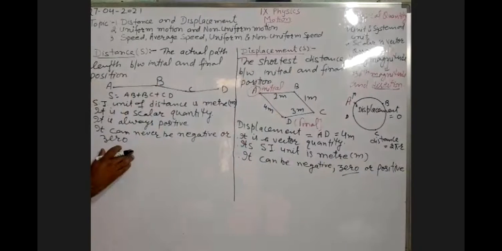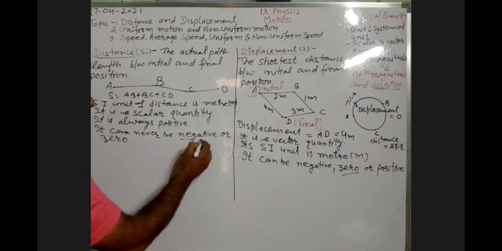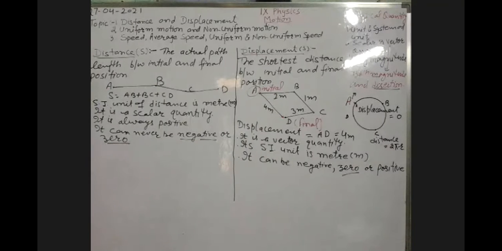But what about distance? Distance can never be negative or 0. It is always positive. So these are some differences between distance and displacement. You can take a screenshot of this before moving to the next topic. Okay.